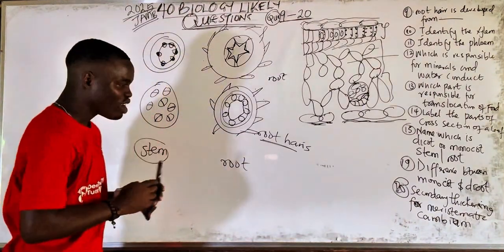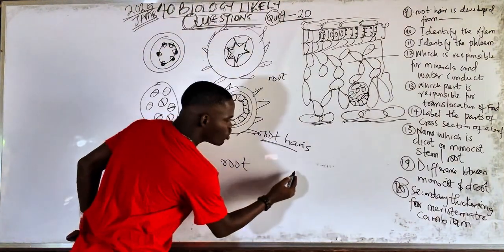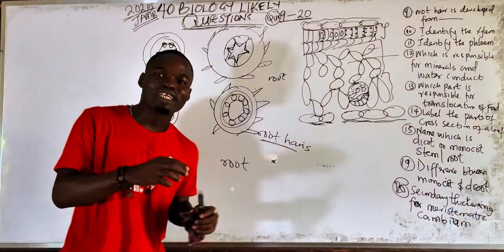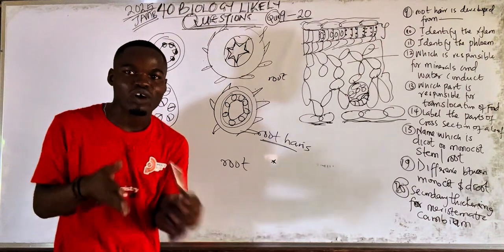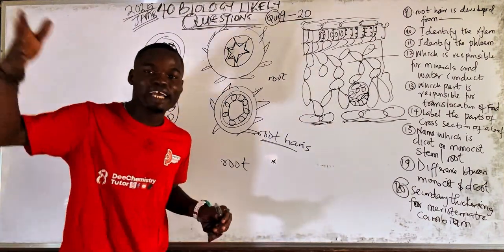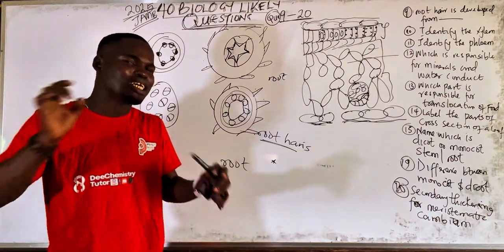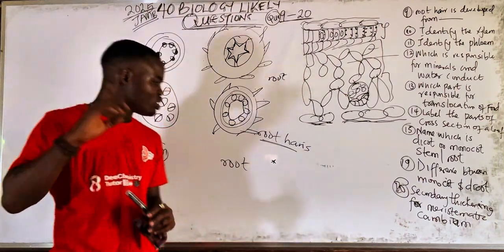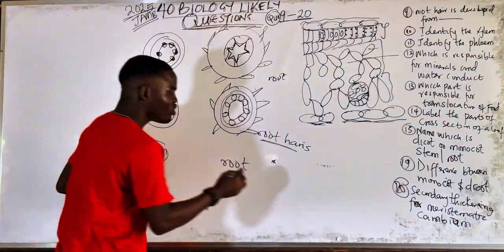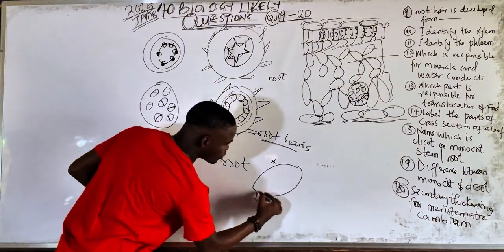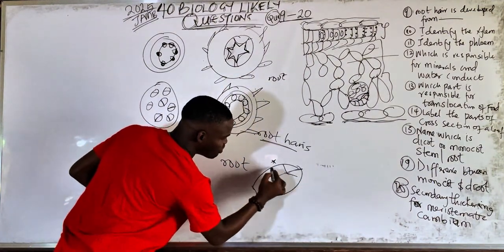Okay? This part is very, very important. Another thing you want to know about monocot and dicot is that dicot has 4 to 5 floral parts, right? While monocot has about 3 floral parts. That's showing that dicot is still more advanced. Another thing I want to note is that dicot has net venation.